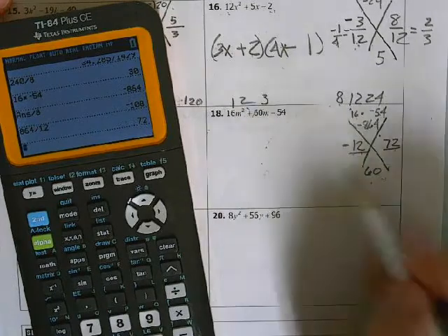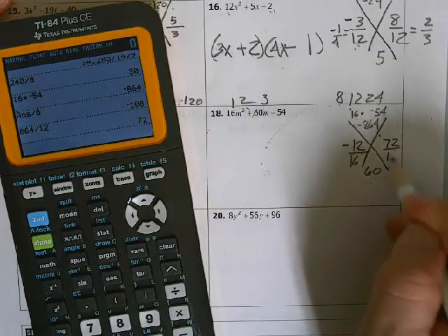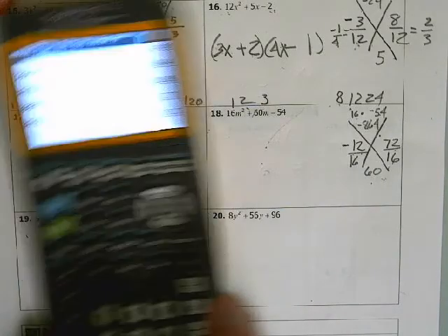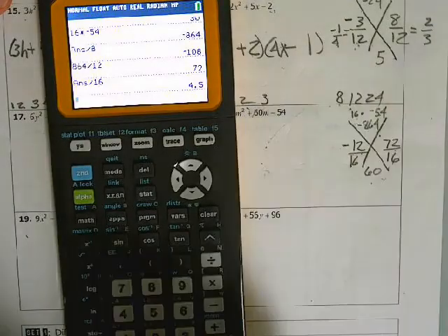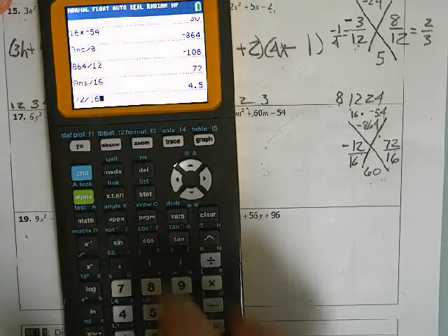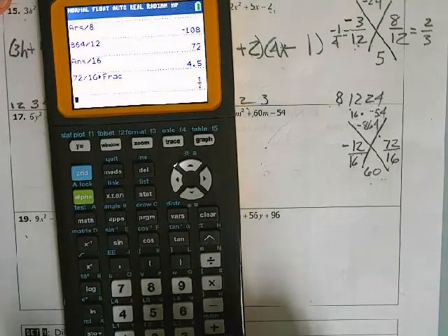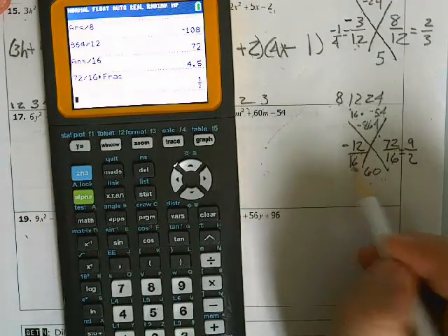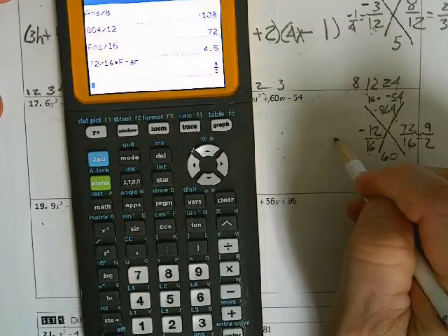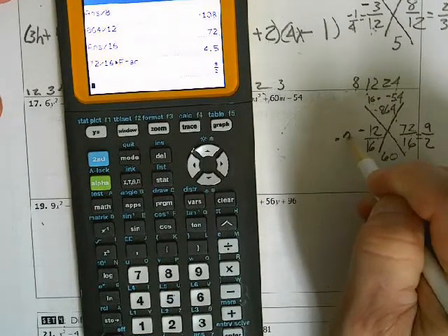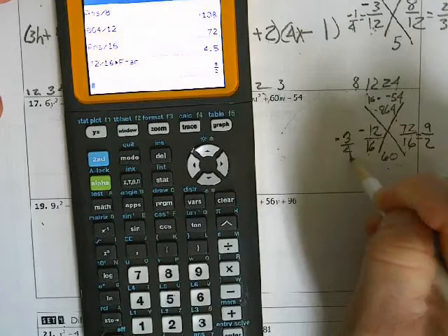Then I divide this by 16 and this one by 16. 72 divided by 16 is 4.5, so we're just going to reduce that. 72 divided by 16 is 9/2. Negative 12 over 16 is going to be negative, 4 goes into both, so negative 3 over 4.